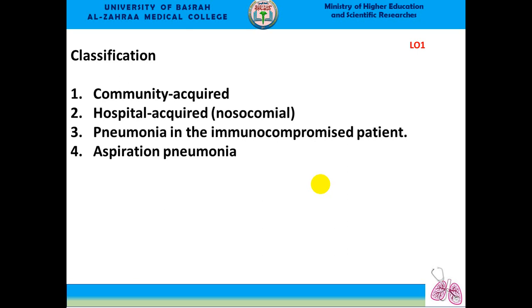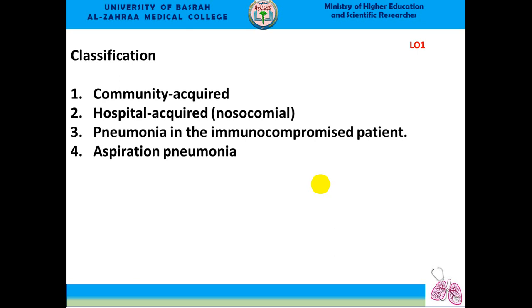The second type is called nosocomial pneumonia, and nosocomial pneumonia is hospital-acquired pneumonia. So here the patient is admitted to the hospital for another reason, for example, to control diabetes, or for doing a surgery, or for another disorder. But while he is in the hospital, he acquires the pneumonia. We call it hospital-acquired pneumonia.